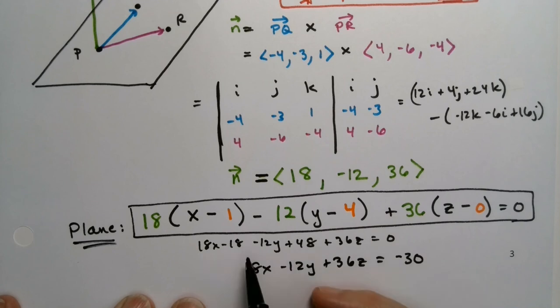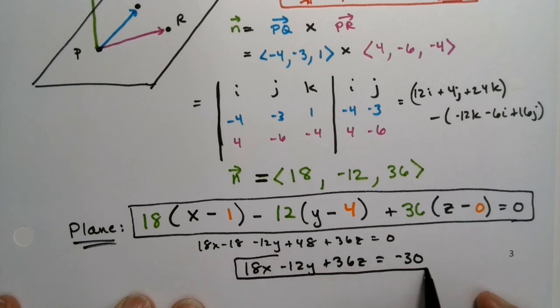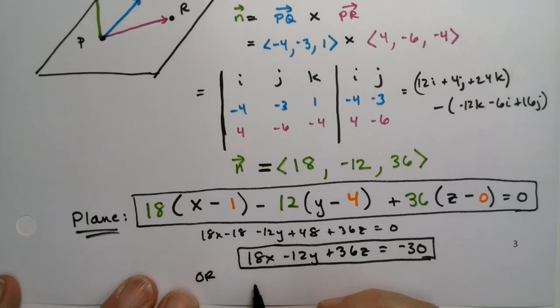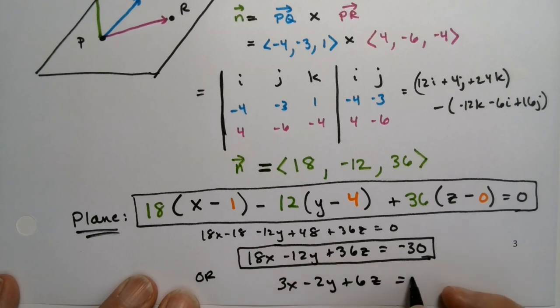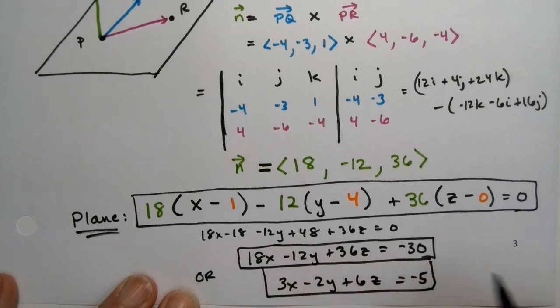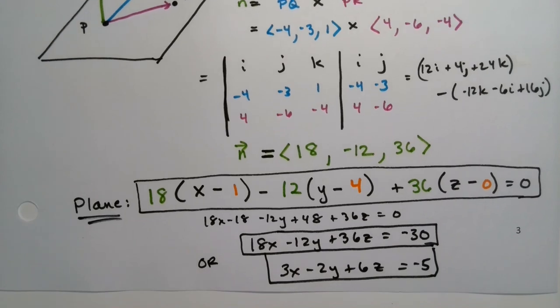And if you wanted, you could even divide everything there by 6, right? Because 6 goes into 18, 12, 36, and 30. So you could write it this way, or you could write it this way. All three of those things that are boxed are equations of the same plane. So it's all the exact same plane, but different ways of writing it.